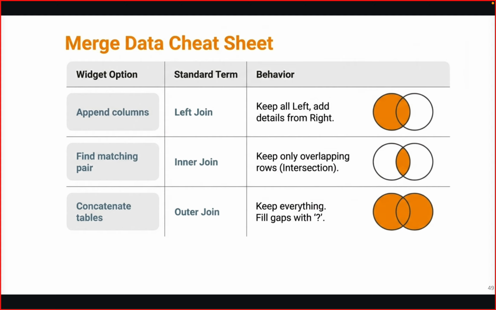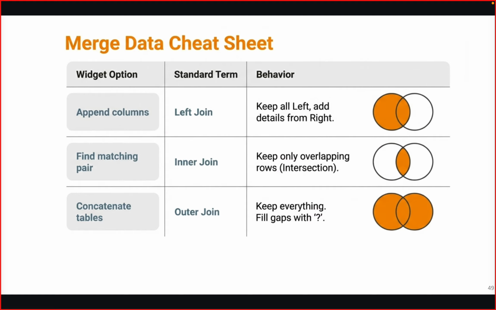We keep all data and add detail from the right, the extra table. If I have 100 records, I will keep 100 records, remain the same, and bring more columns that match the ID or the name in the main table.